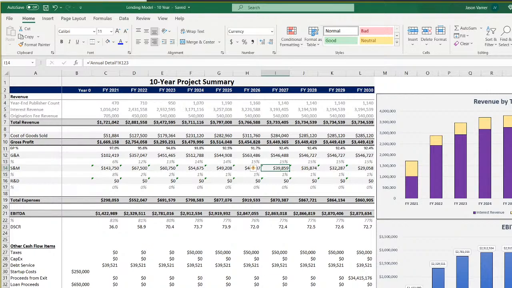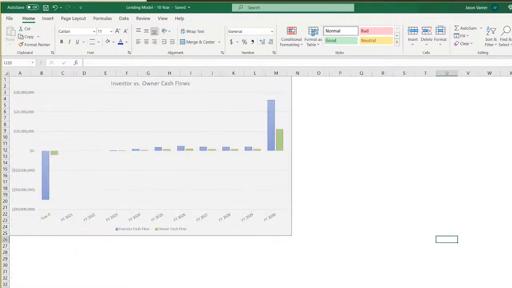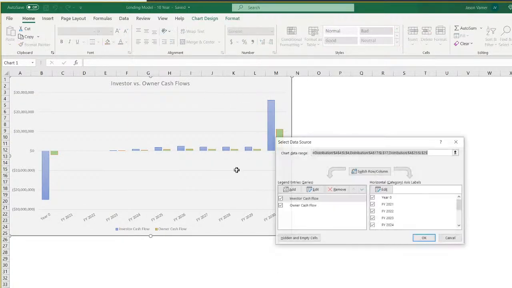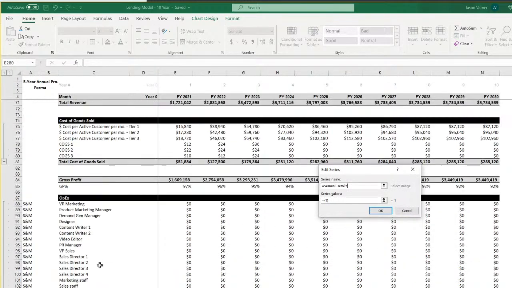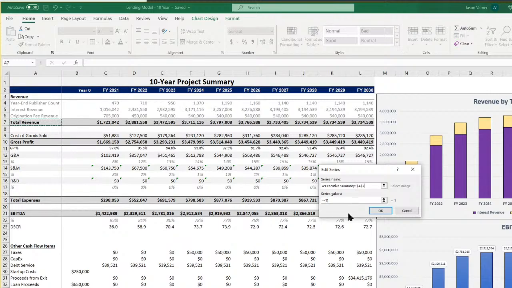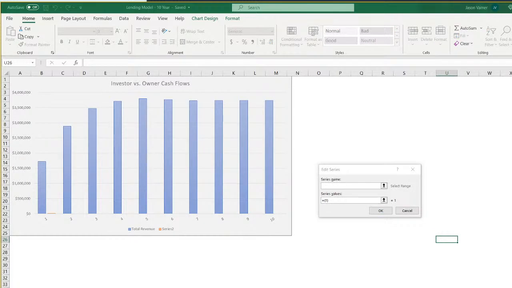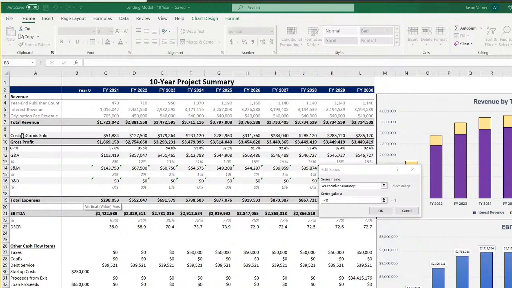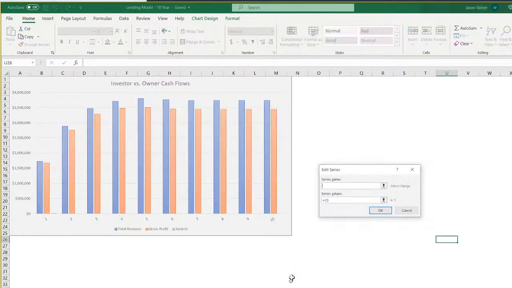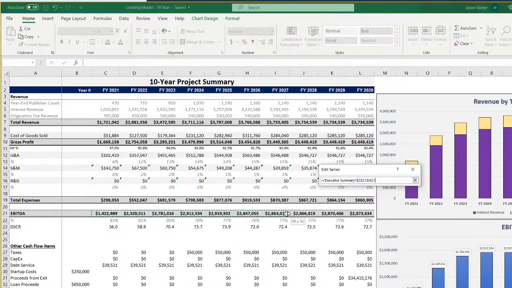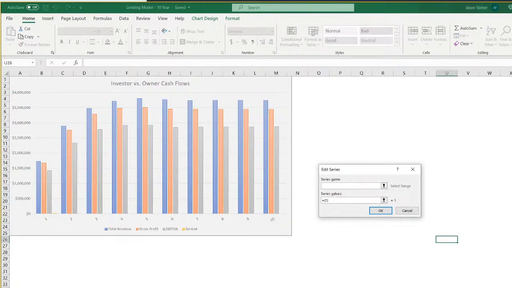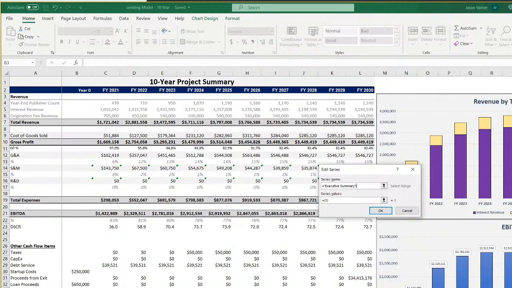Okay, so executive summary is done. Now we can go into some general visuals. So first thing that I like to do with this is do the revenue. Actually, we could do it off of this. So I like to show total revenue, basically operation stuff, cost of goods sold or gross profit, actually, and then EBITDA, as well as cash flow.